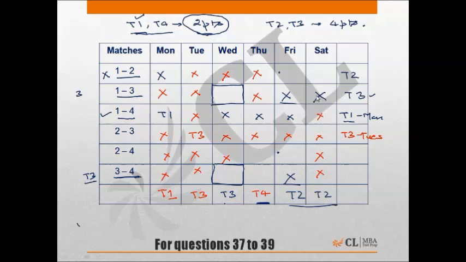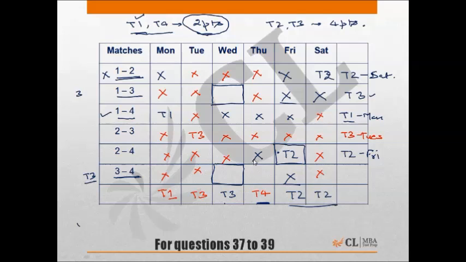That means this match is not possible on Saturday, and hence T2 has won the match on Saturday, which was against Team 1. So in the match between T1 T2, T2 won on Saturday, okay, and that means this Friday should be blanked out. If that is the case, then we have only in this particular slot between T2 and T4, obviously T2 would be winning. T2 has won the match on Friday. So okay, let us cross this out also.